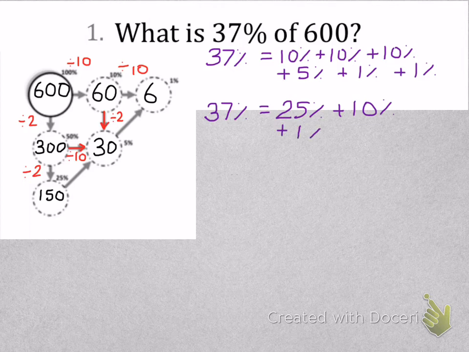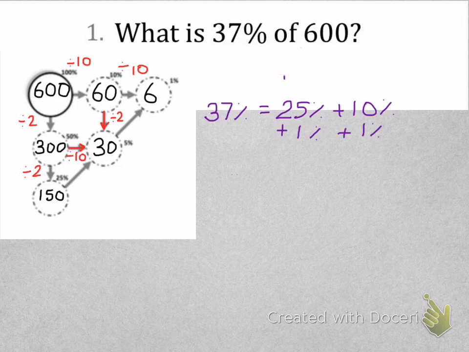I want 1% to give me 36, and then another 1% to give me 37. So you can see it doesn't matter. It's up to you to use the method that you think will work best. I'm going to do the 25% plus 10% plus 1%. So I'll start by getting rid of that for you so we can just see what we need to do.